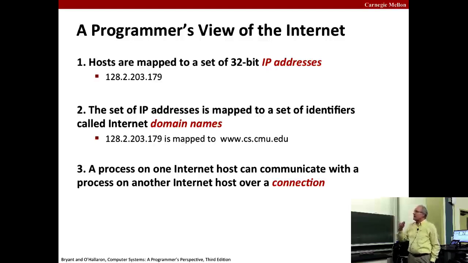But for example, any IP address that starts with 128.2 is at CMU. I think, and so essentially CMU owns that part of the IP address space, which if you think about it, that's approximately 2 to the 16th different IP addresses available for use by campus.